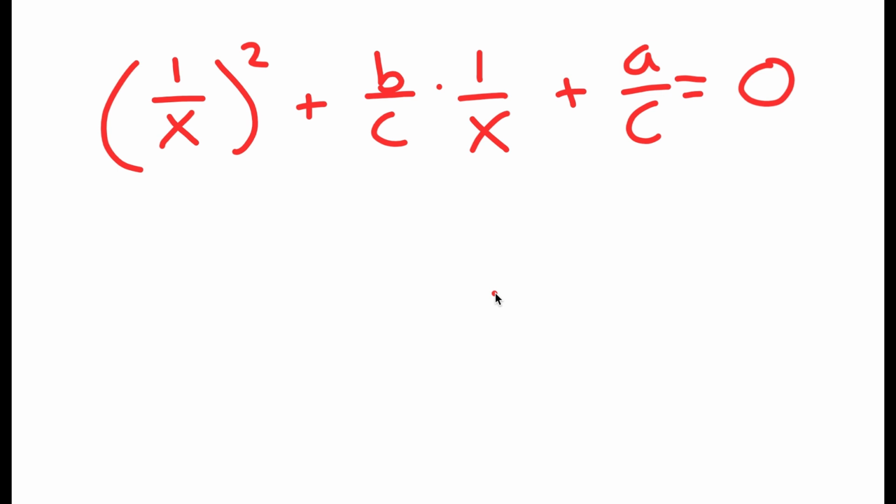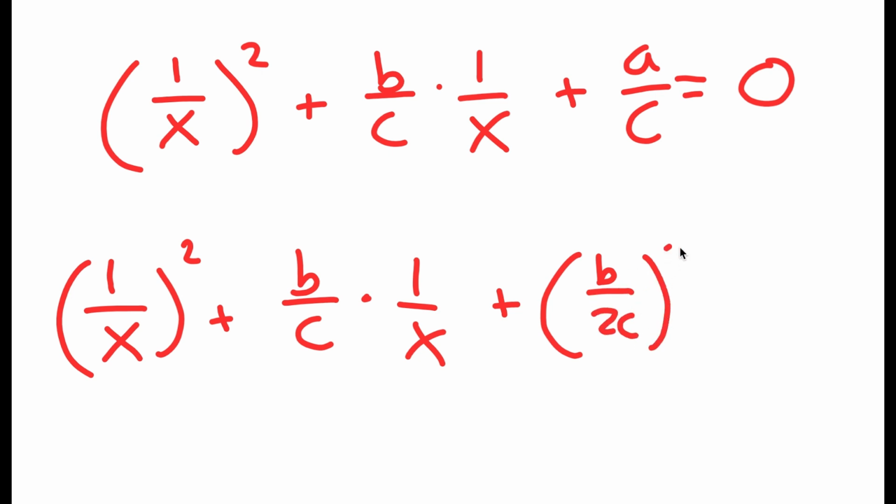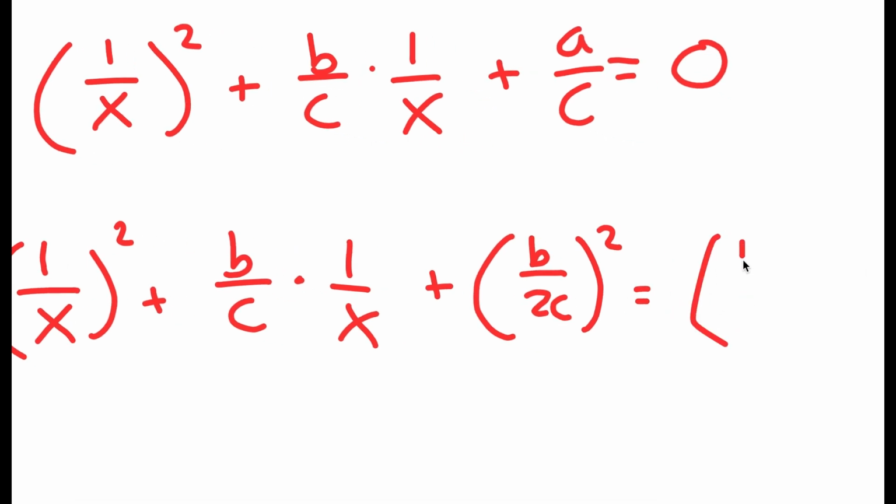Now what I'm going to do is add b over 2c squared on both sides. So now I get 1 over x squared plus b over c times 1 over x plus b over 2c squared is equal to b over 2c squared.